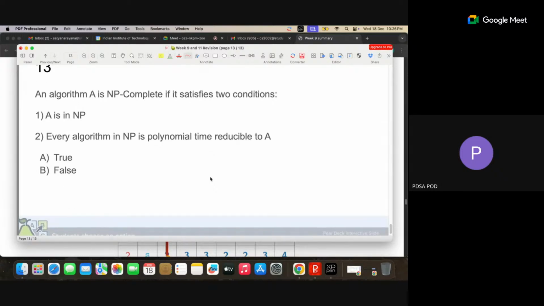Here, an algorithm A is NP complete if it satisfies two conditions. I'm just drawing that famous circle, the famous diagram to differentiate between NP hard and NP. This is NP hard.